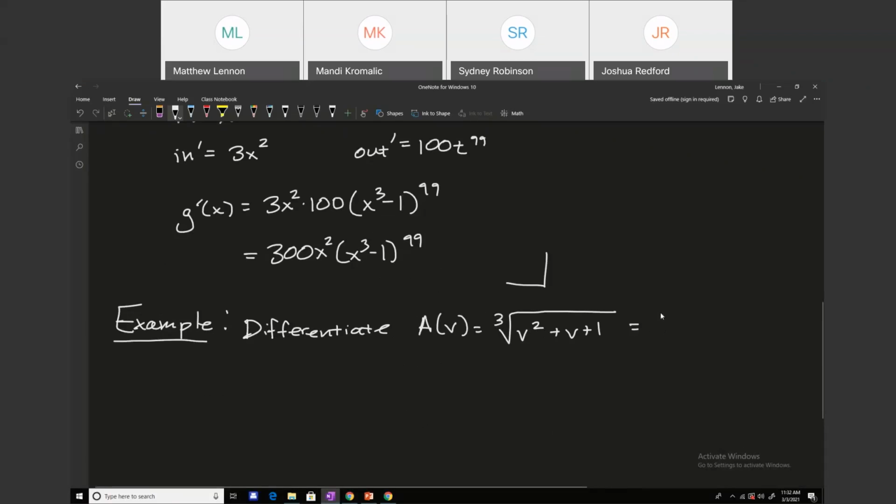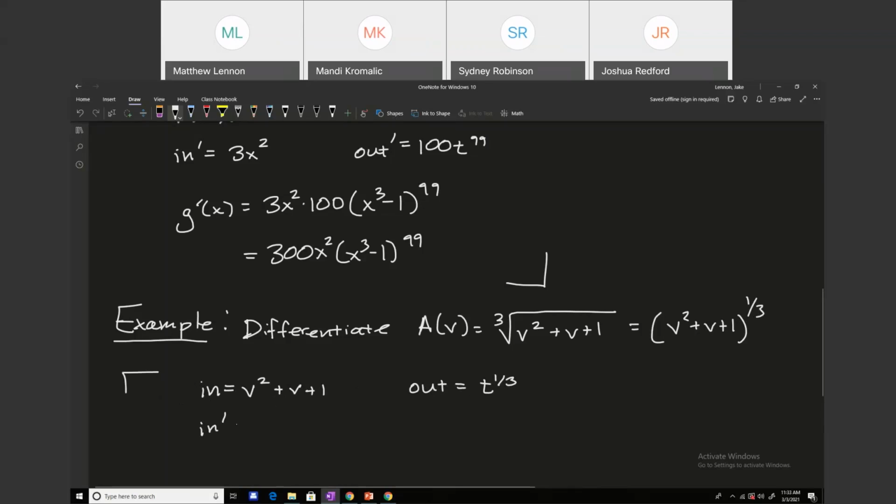We're going to think of that as v squared plus v plus 1 to the 1/3 power. It makes it easier to apply the power rule when differentiating. So again, I'm going to call my inside function v squared plus v plus 1, and the outside function will be t to the 1/3 power.